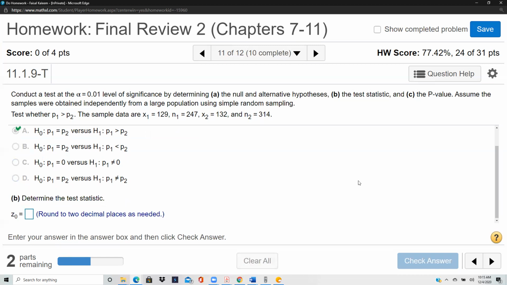Okay. How do you find the test statistic? For this one, I don't think I remember how to. It's the same rules as for the one variable.